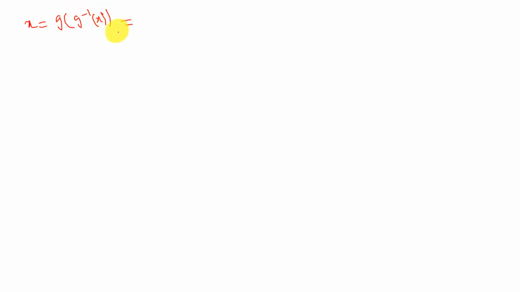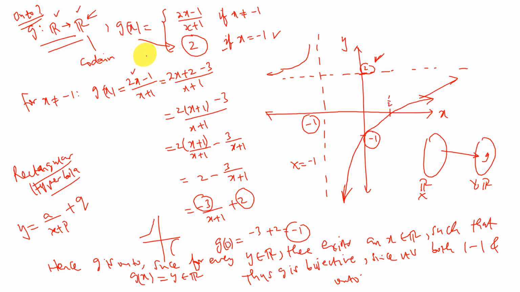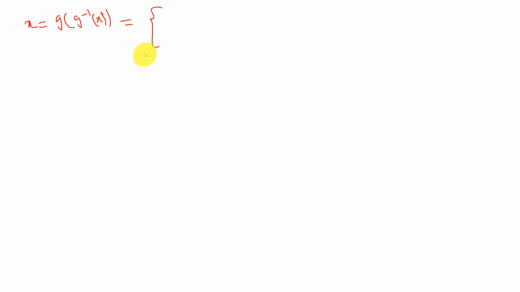It means g of g inverse of x is what? Is x. So we have 2x minus 1 over x plus 1 if x is not -1, and 2 if x is equal to -1.